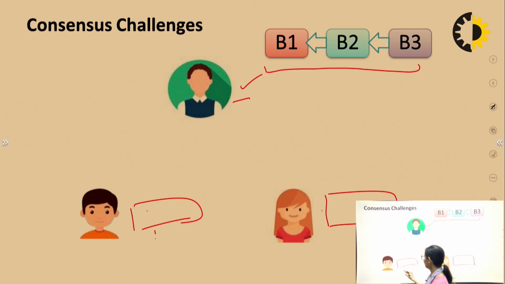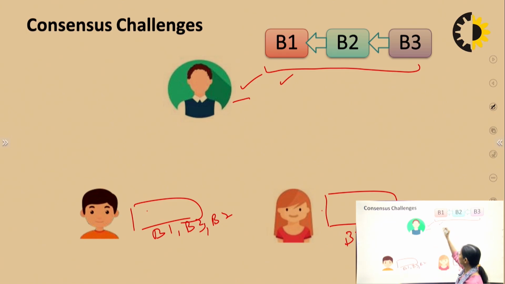Suppose here the order of blocks is B1, then B3 and then B2. Here there may be the possibility that we have B3, B2 and B1. Although the combined information in the whole blockchain is consistent at this node and at this node, still the sequence of blocks need not be the same at all the users.